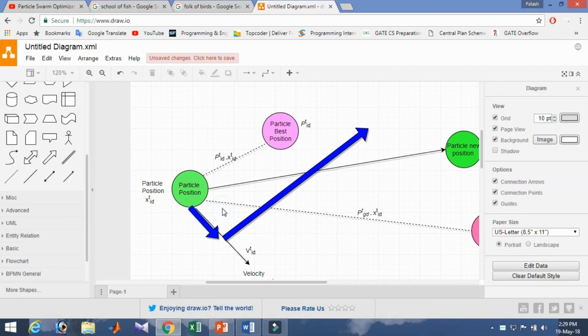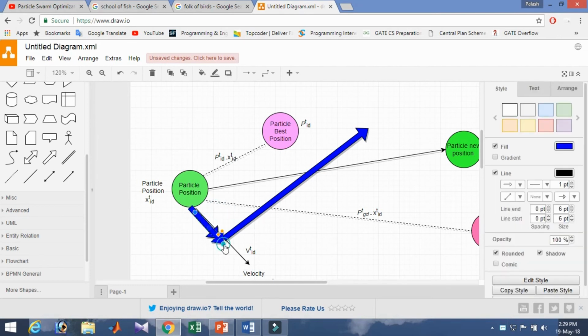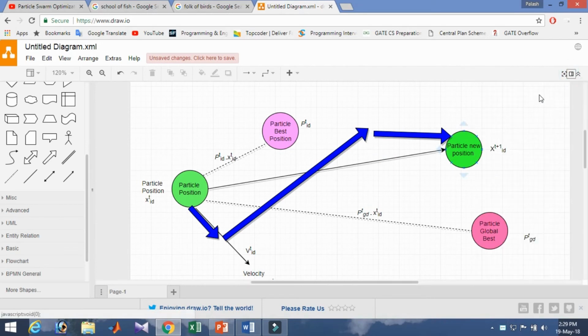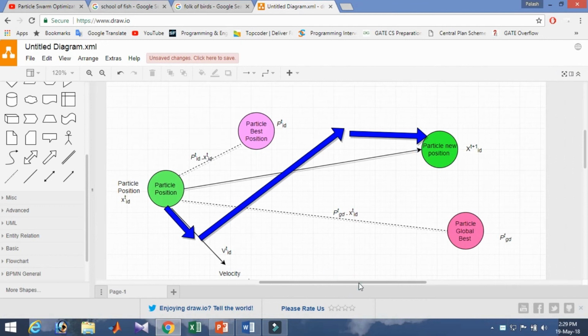After that, what happened? The particle went from this position to the new position. Do you understand? Now this is a clear picture of particle swarm optimization, a clear basic diagram.